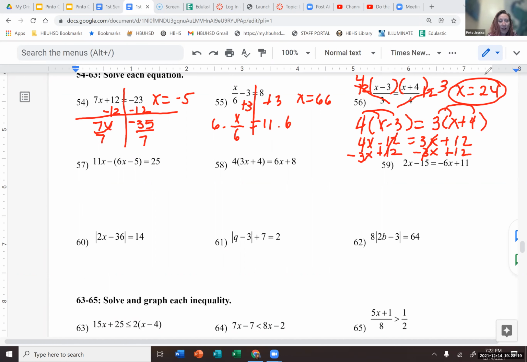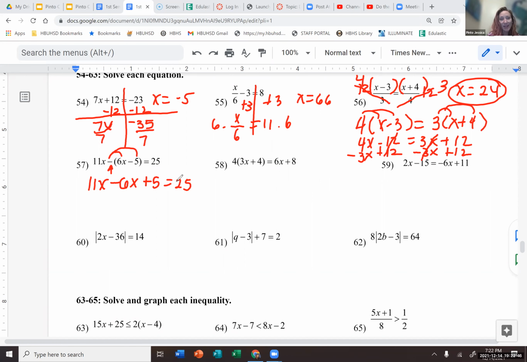So number 11 is really sneaky. I've got that negative sign here. So remember, I have to distribute first. Whatever is right next to the parentheses, distribute it before you do any other work on some of these problems. So 11x minus 6x, then change the sign, plus 5 is equal to 25.